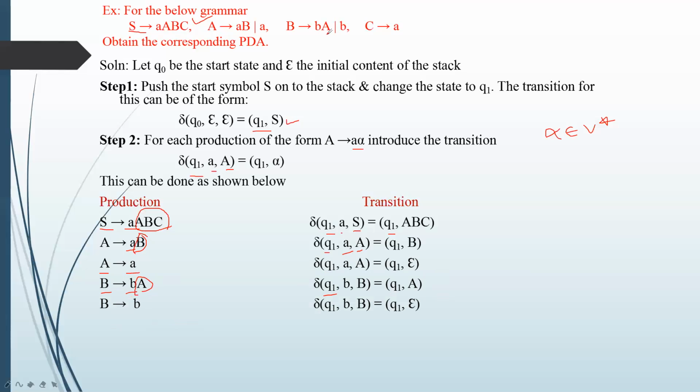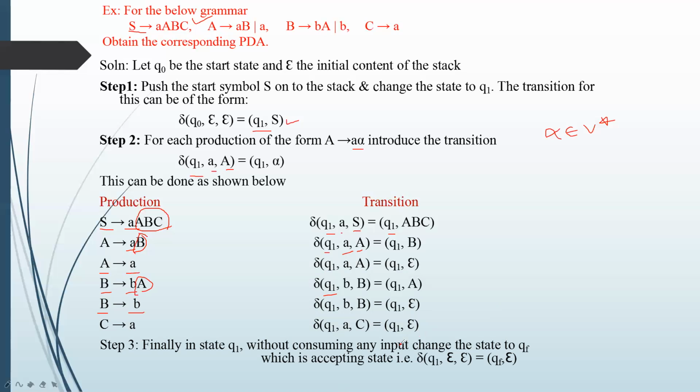The next, B produces b: δ(Q1, b, B) = (Q1, epsilon), because we don't have any terminals or variables over here. Then C produces a, same thing: δ(Q1, a, C) = (Q1, epsilon), as there are no further variables.